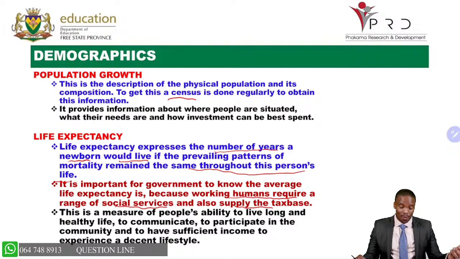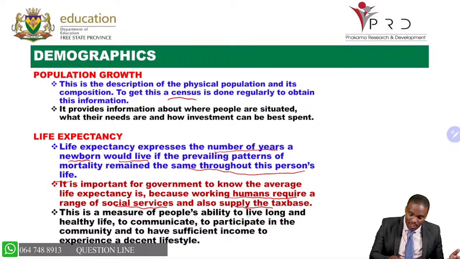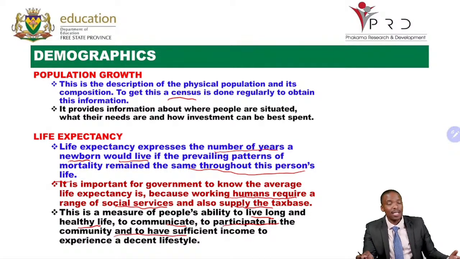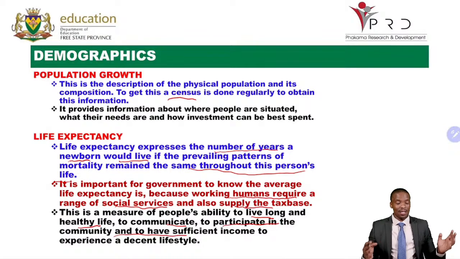Therefore, it is also important to measure people's ability to live long, the issue of a healthy life, to participate in the community and have sufficient income, as well as experience a decent lifestyle. So these are very important. They are measured under an indicator that is called demographic.